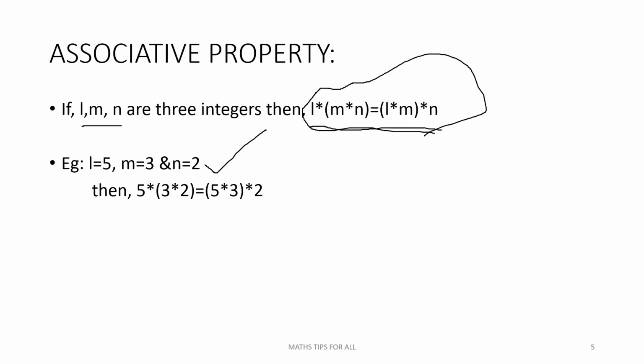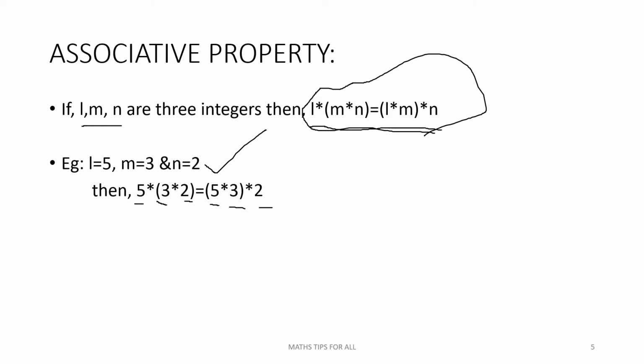Then L is 5 into 3 into 2. These braces play a great role. When we learn about the examples, we can clearly understand. L is 5, M is 3 and N is 2.